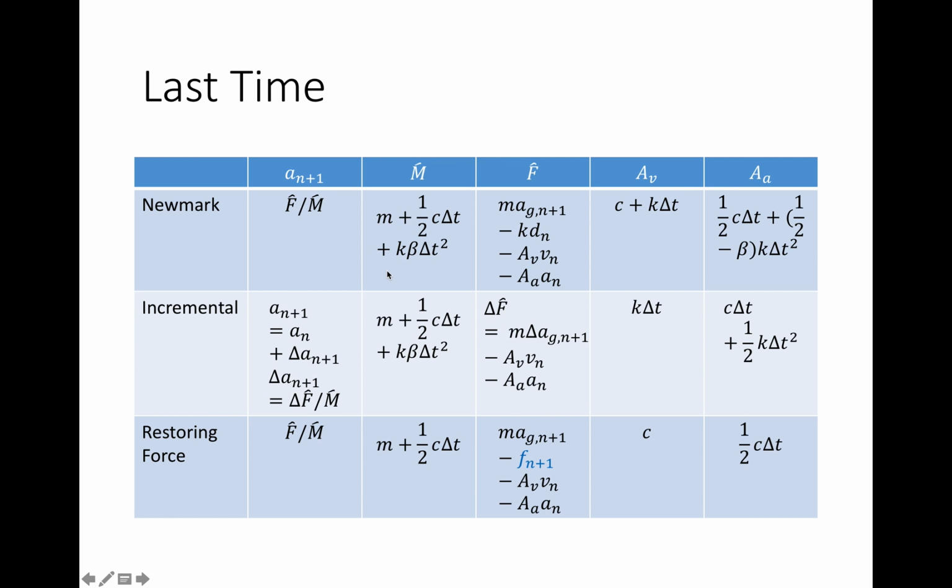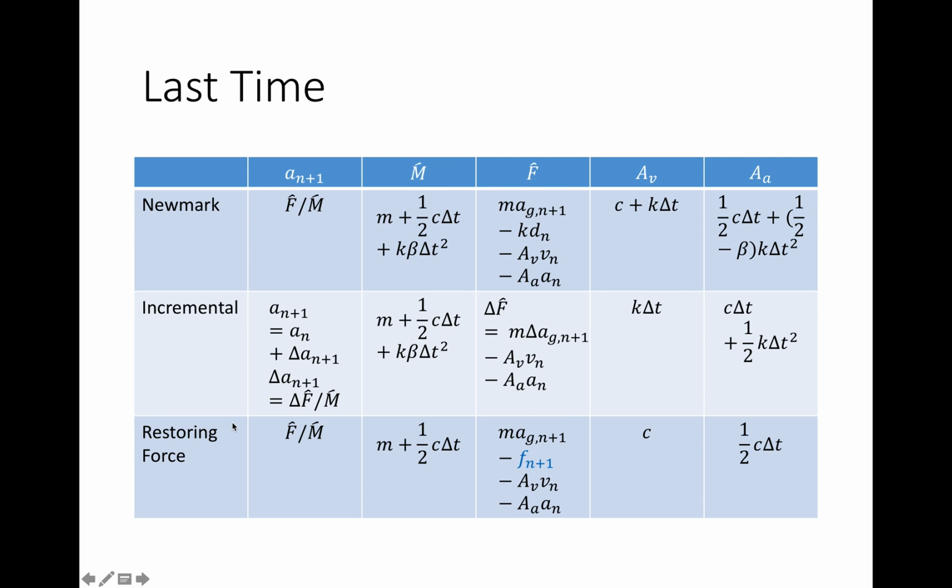Thus, you can get the restoring force by the wrong way. So the Newmark beta method can only calculate the linear case, but cannot calculate the nonlinear case. To calculate a nonlinear structural problem, we need to use the incremental method or use the restoring force method directly.